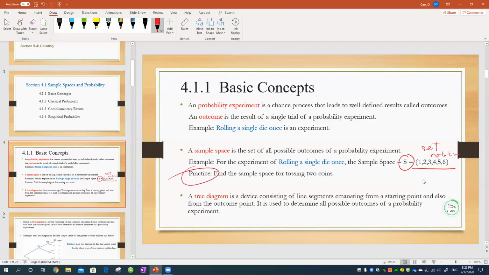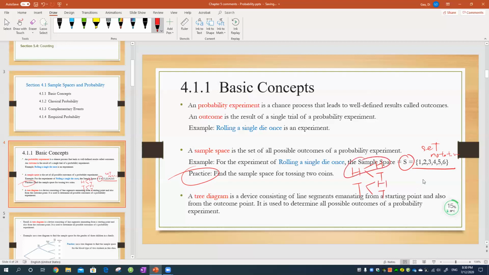Now let's look at this practice. Find the sample space for tossing 2 coins. For the first toss, we have either head or tail. So the coin is either going to land on head or on tail. Then for the second toss, if we got a head, we're still going to have 2 possible outcomes, head or tail.